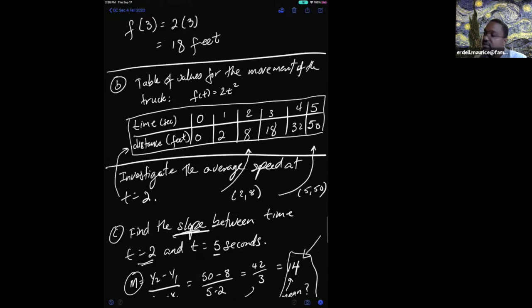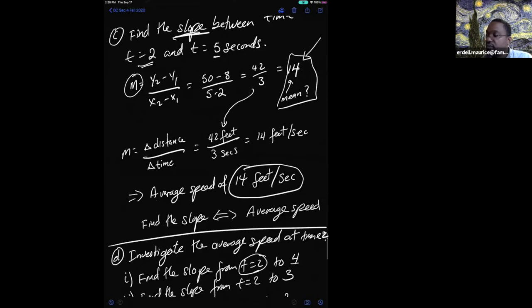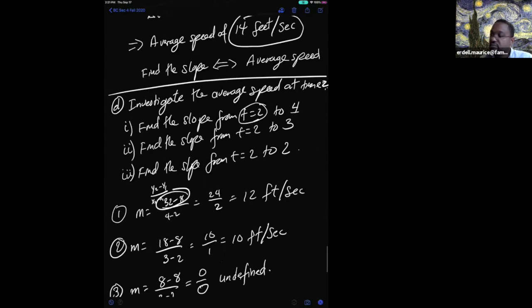From the table, at t equals 2, you can see the coordinates are 2, 8. And then the other one is going to be 4, 32. That's my y2, that's my y1. So I have 32 minus 8 in the top. And then the denominator is my x2 minus x1, that's my 4 minus 2. Okay?